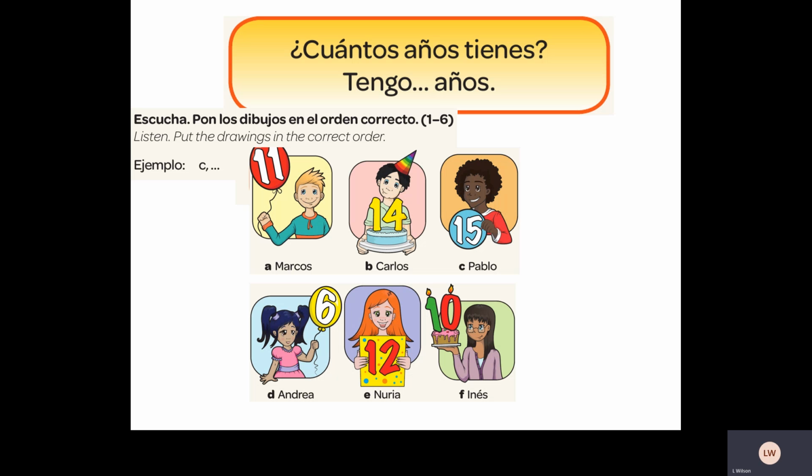What you need to do is work out who is talking. So if the person says they are 11, you would write down A because that would be Marcus because he is holding a balloon that says 11 on it. What we're going to do is we're going to listen to each one twice through and then we will do the answers.